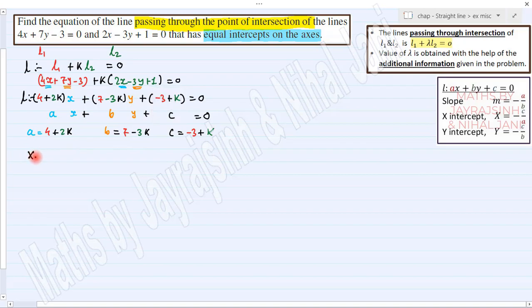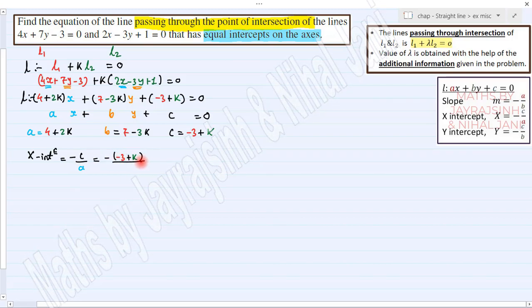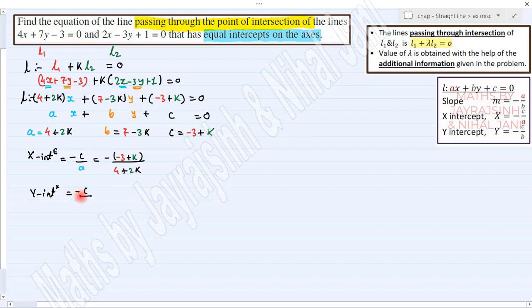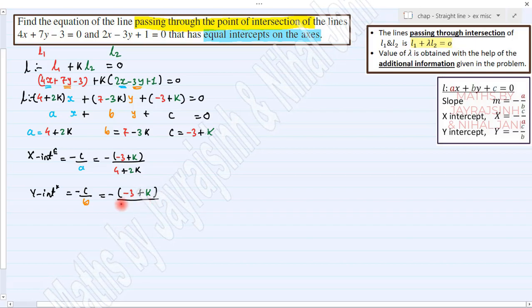Now, we know that the x-intercept is given by minus c by a. So we will get minus of minus 3 plus k upon a, which is 4 plus 2k. And your y-intercept is given by minus c by b. Substitute the value of c, which is minus 3 plus k, and your b is 7 minus 3k.